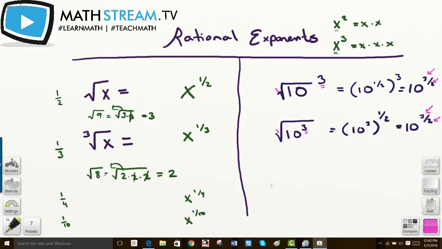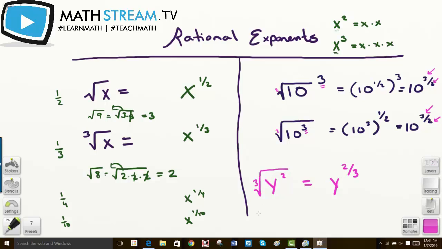So if I had something like y squared cube rooted, what I could do is I could just rewrite this as y to the 2/3 power, because 2 is the power, 3 is the root, and so y squared cube rooted is just y to the 2/3.